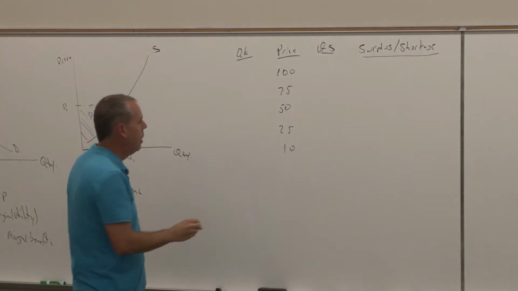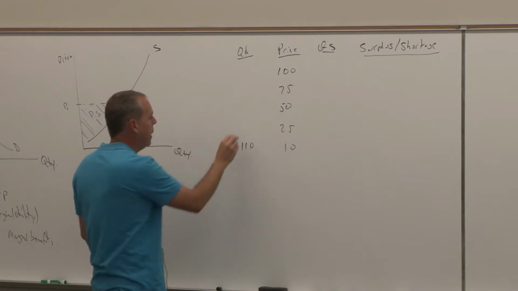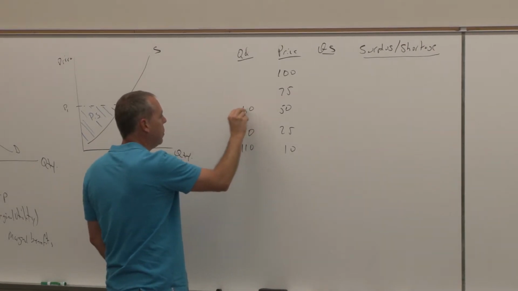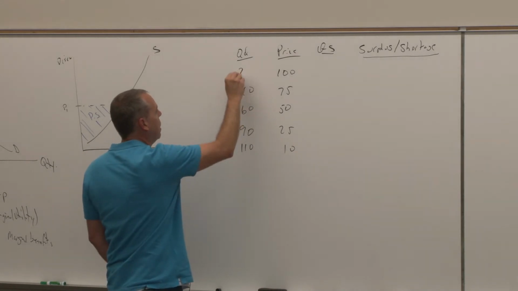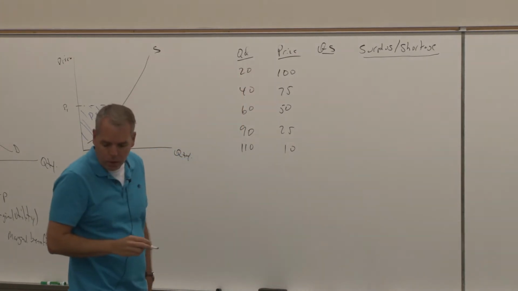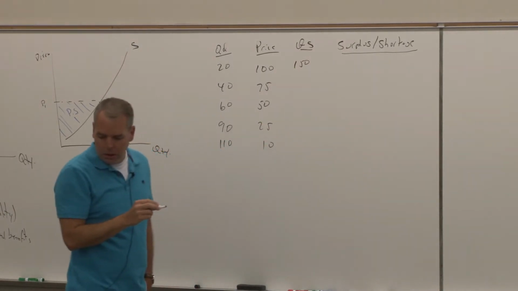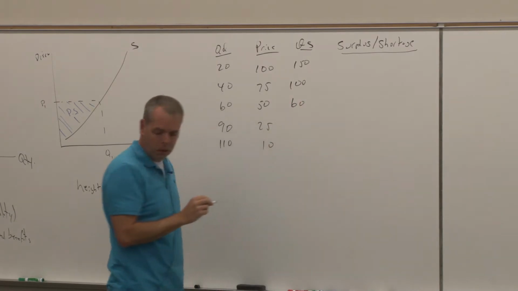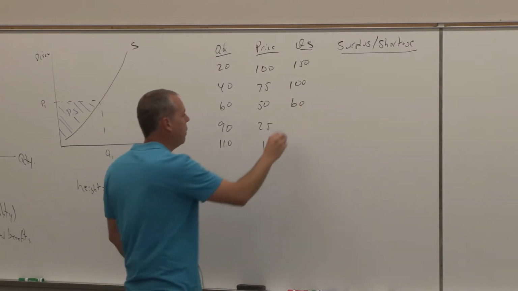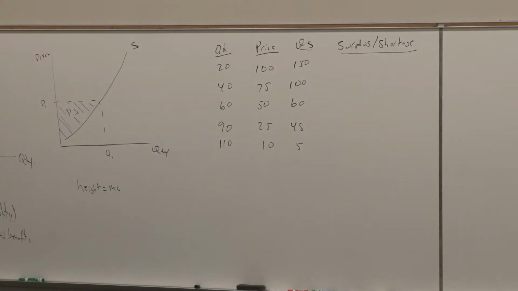Quantity demanded is 20, 40, 60, 90, and 110. Quantity supplied is 150, 100, 60, 45, and 5. I'm leaving the surplus shortage blank for right now.